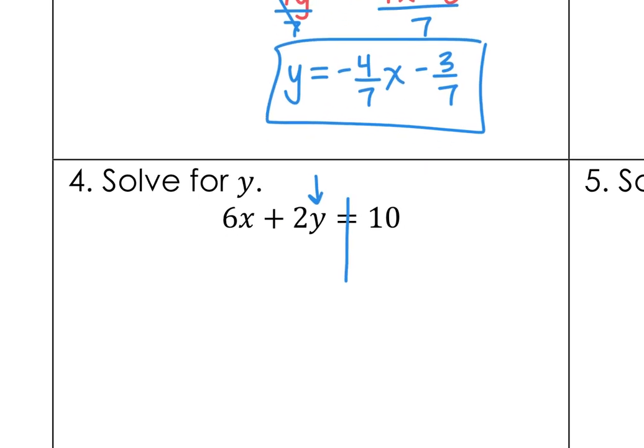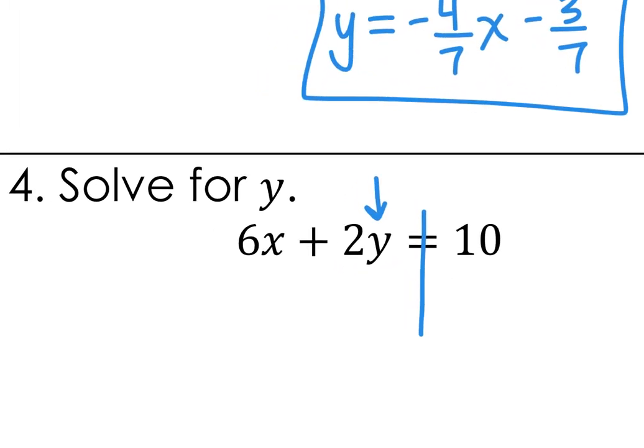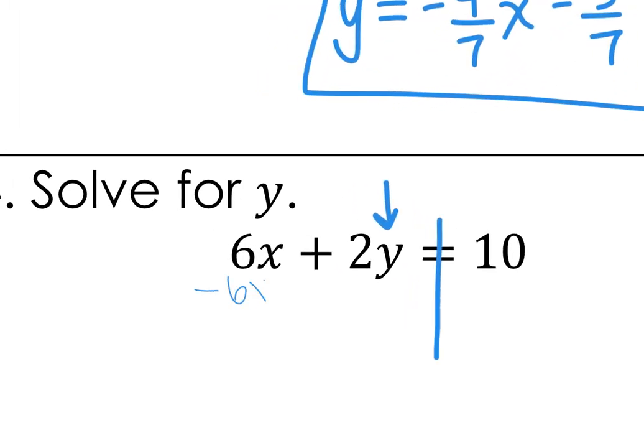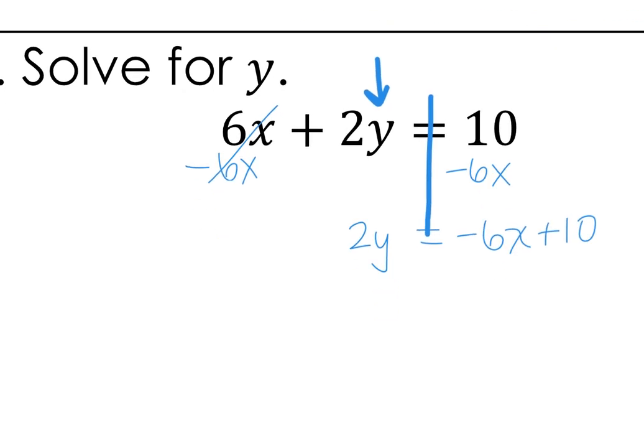All right, so what did we do first here? Subtract 6x. Good. We are subtracting 6x first, so that we are left with 2y is equal to, I'm going to put the negative 6x in front. If you put it behind the 10, that's fine. Now, all I have to do to get y by itself is divide by 2.